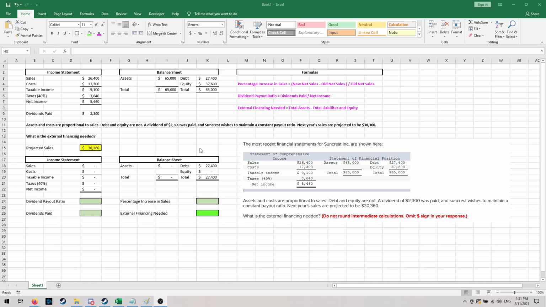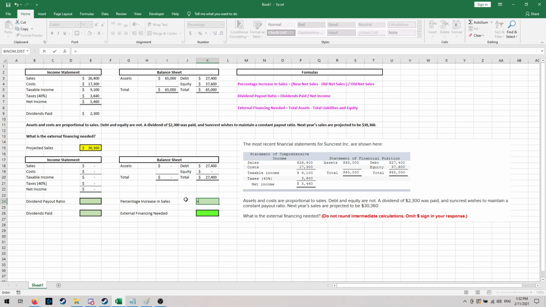So the very first step in this question is we want to know how much did our sales increase? By what percentage is this number larger than this number, our sales from last year? And you can see the formulas, I've got them all written over here. That's sort of like a spoiler. To figure that out, we're just going to come down to this cell, although you could do it anywhere.